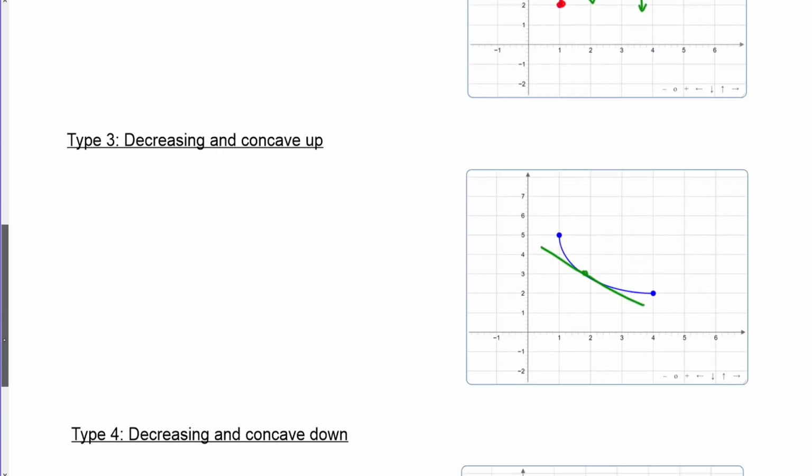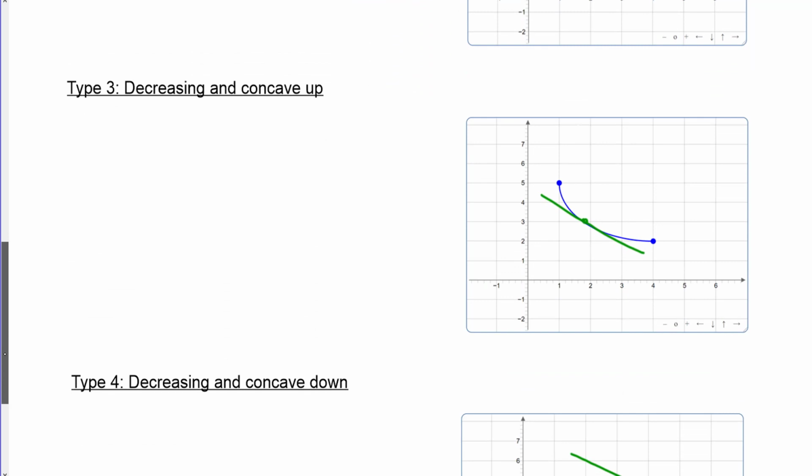If we are decreasing and concave up, that means the first derivative is less than 0, but the second derivative is greater than 0. So you can be decreasing at an increasing rate.